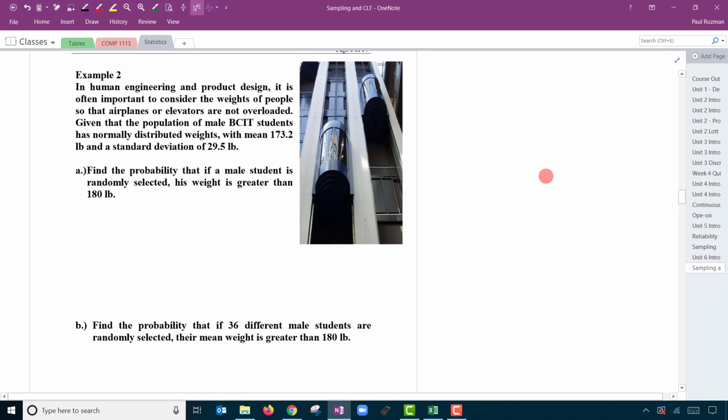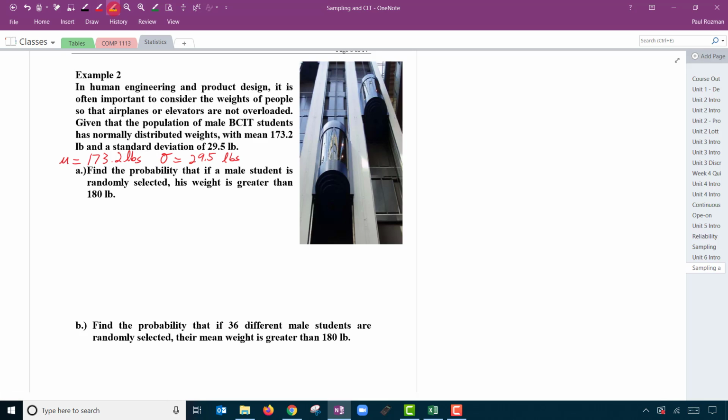Example here, we've been studying BCIT students for a while, and when they come to BCIT and they're male, they weigh 173.2 pounds. And their standard deviation is 29.5 pounds. I've been studying BCIT students long enough that I feel pretty good about using mu and sigma as population values.